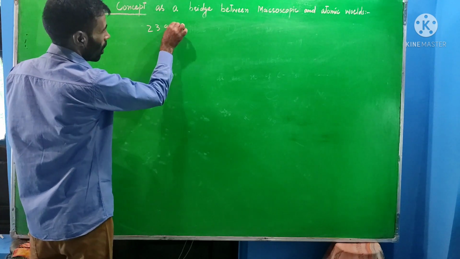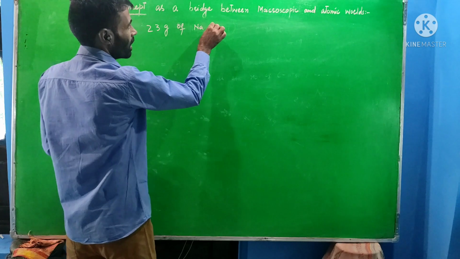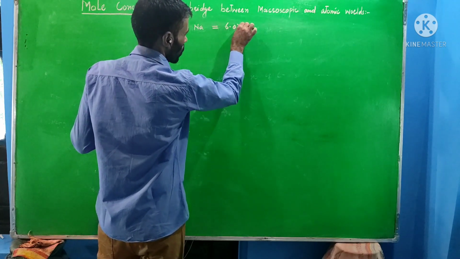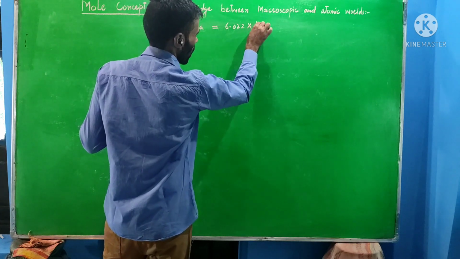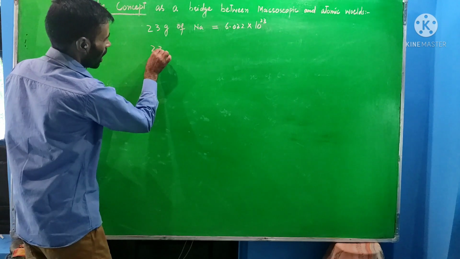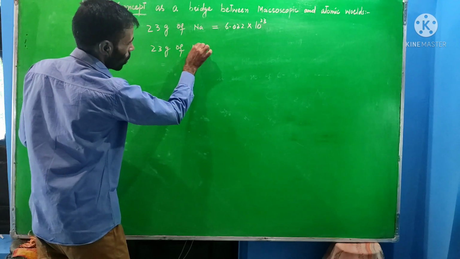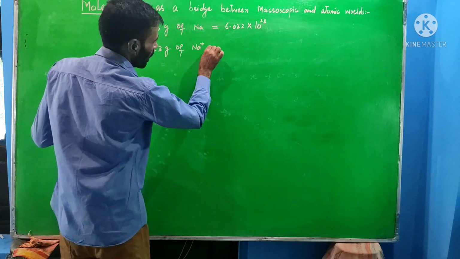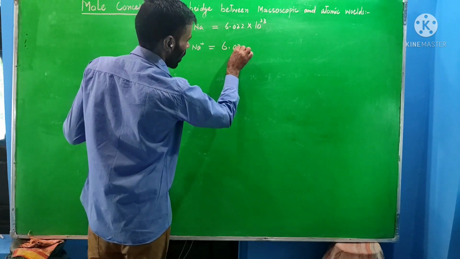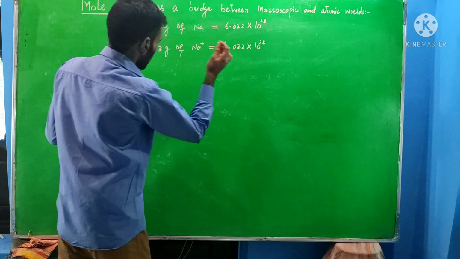So 23 gram of sodium contains 6.022 into 10 raised to power 23 sodium atoms, or 23 gram of sodium positive ions contains 6.022 into 10 raised to power 23 positive ions of sodium.